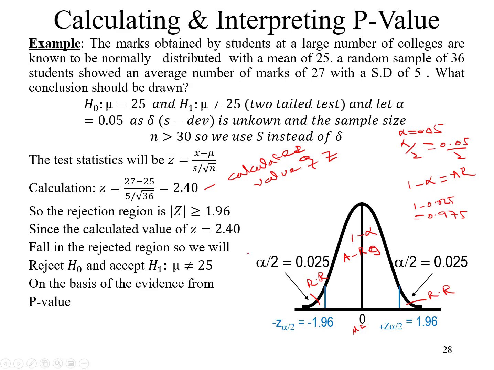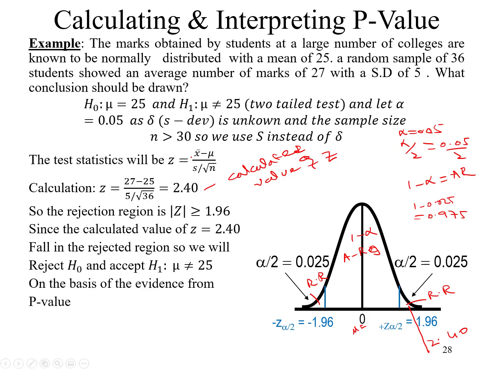Now if we have a look at where the calculated value is lying: 2.40 will be lying at this side, because this is 1.96. So 2.40 is the calculated value, which is lying in the rejected region.